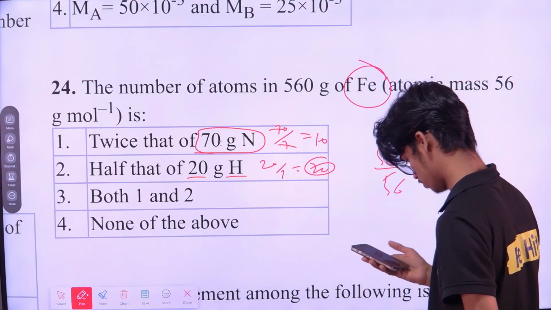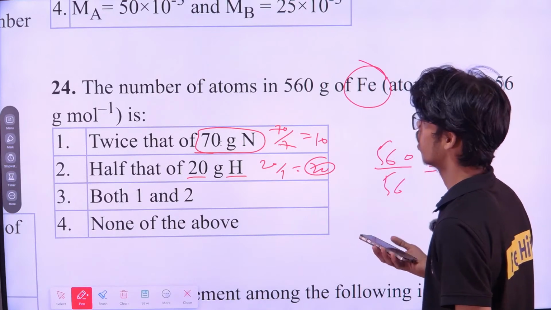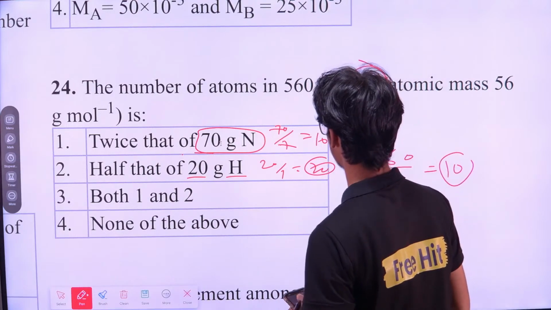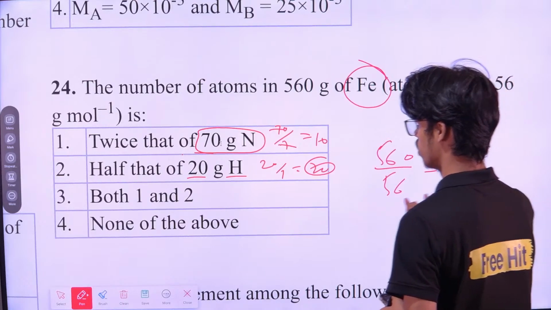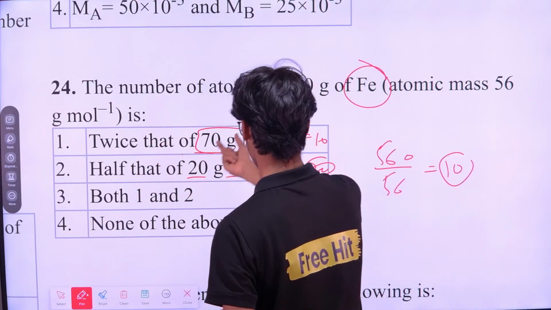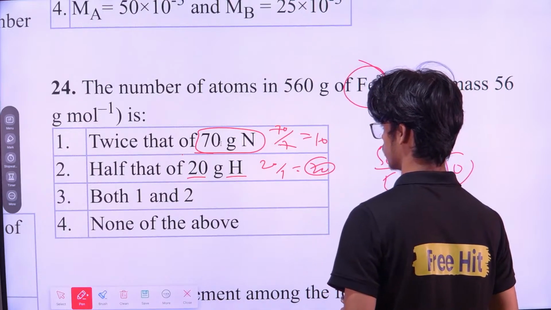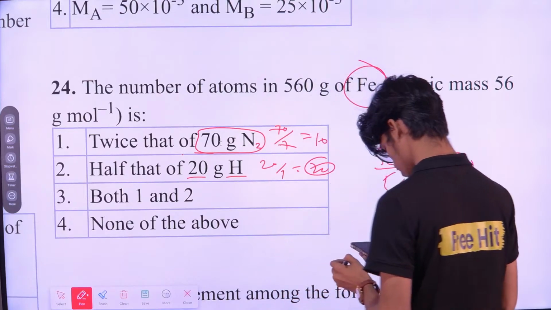Okay. So we have 24, option number 3. Okay, twice that of 70 gram of N. 560 divided by 56 is 10 moles. So it is twice that of 70 gram of N2. You guys are thinking it as N2, right? Is there something wrong in the problem?